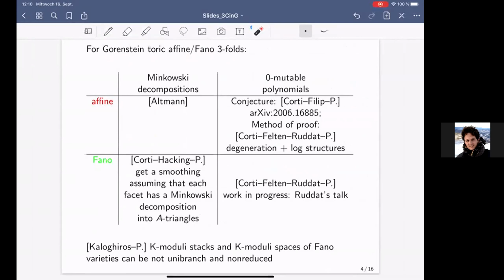Because for surfaces, I didn't say that, but the situation is much simpler. Because basically, if you have a toric surface singularity, there could be many deformations. But if you stick to the Q-Gorenstein deformations, there is only one way to do that. In other words, Q-Gorenstein deformations of toric surface singularities are unobstructed.